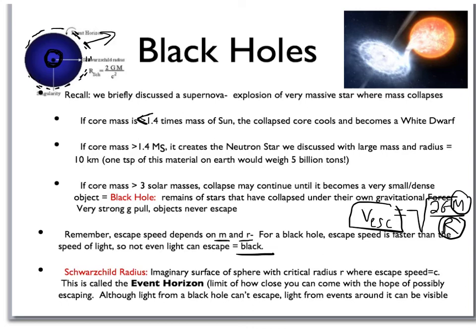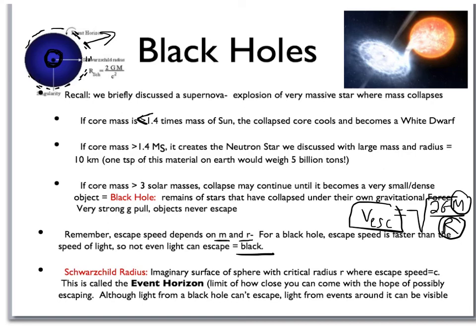Any closer than that, and even light is not going to be able to escape this thing. So the event horizon is really the limit of how close you can come to that black hole with any sort of hope of possibly escaping. You'd have to be moving at the speed of light to be able to get away from this thing if you got that close, at the Schwarzschild radius or at the event horizon.